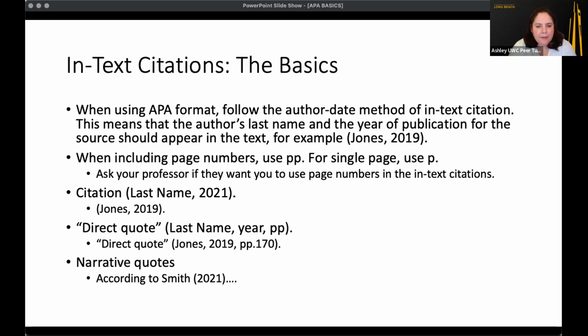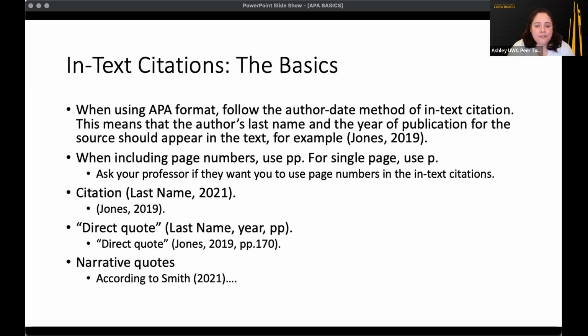So, in-text citation. When using the APA format, follow the author-date method of in-text citation. This means that the author's last name and the year of publication for the source should appear in the text. For example, Jones, 2019.